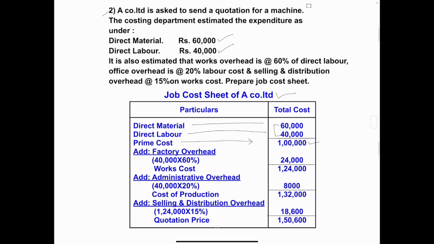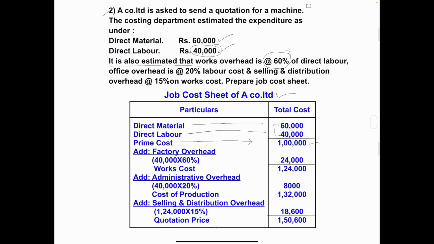See the para. It is also estimated that works overhead is at 60% of direct labor. Works overhead means factory overhead. How much we have to charge? 60% of direct labor. Direct labor amount is 40,000. Of that, 60% we have to charge as factory overhead.